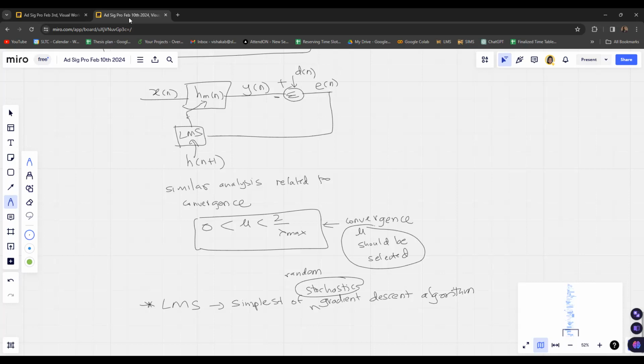So the LMS algorithm is a gradient descent algorithm, and specifically it is part of the stochastic gradient descent algorithms. That is something I would like to mention, and you can refer to more about the LMS algorithm in the reference book that I have given you.